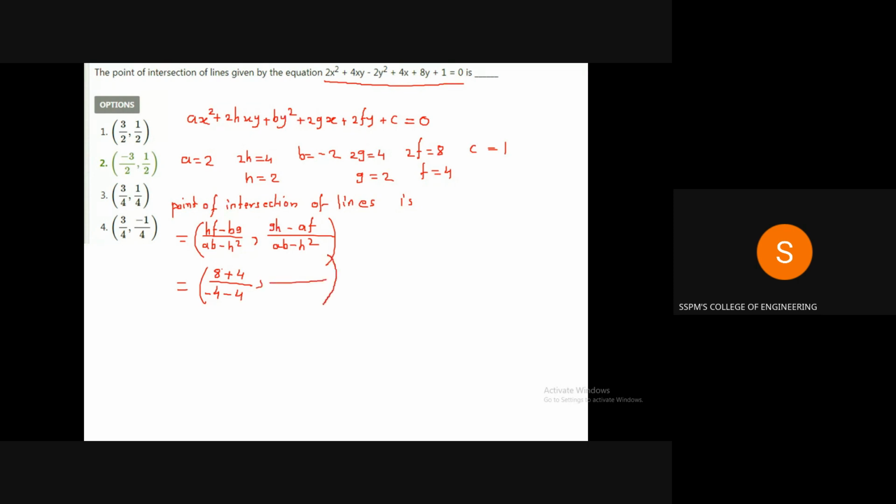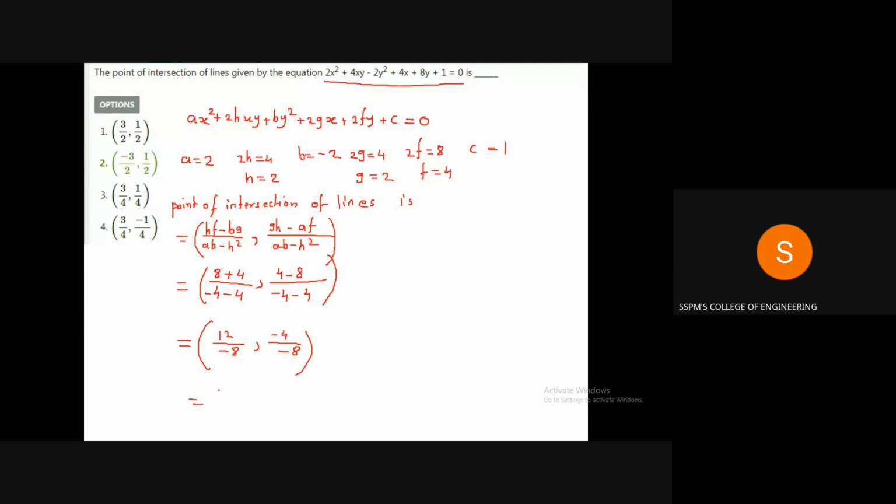So for the y coordinate, the denominator is also the same, minus 4 minus 4. Okay, so what is gh? g into h is 2 into 2, again 4, minus af: a is 2, f is 4, so 4 into 2 is 8. So 8 plus 4 is 12 divided by minus 8, comma, 4 minus 8 is minus 4 divided by minus 8.